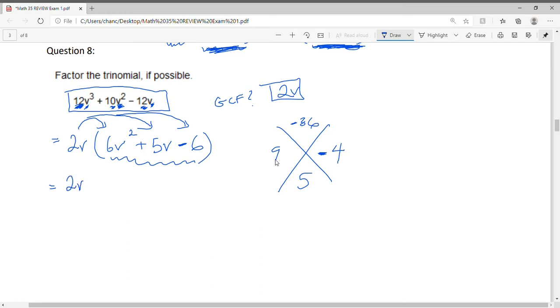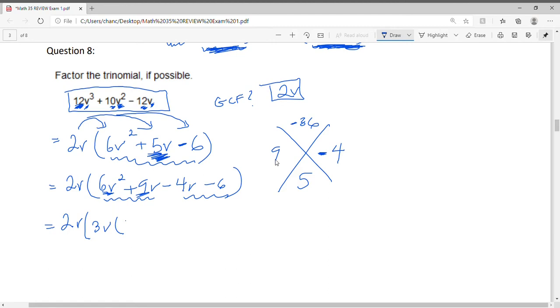So let's split the middle again, just like in question number 7. This is 6v squared. We'll rewrite 5v as 9v minus 4v minus 6. Now since the terms have become a 4-term polynomial, we can use factor by grouping. Let's take out a 3v from both of these.